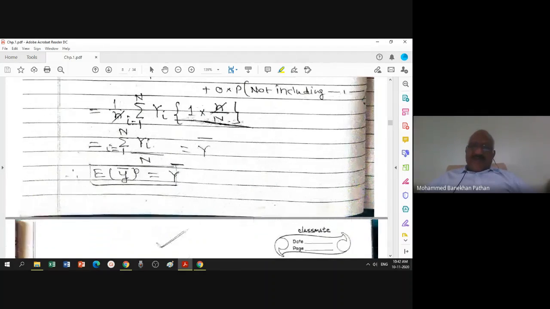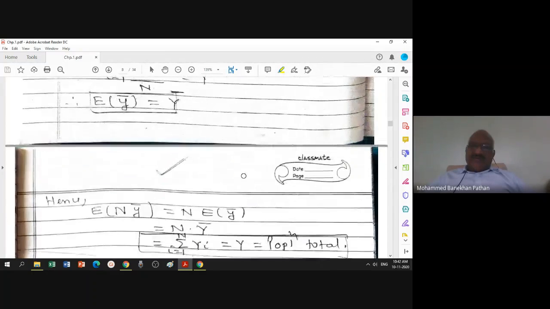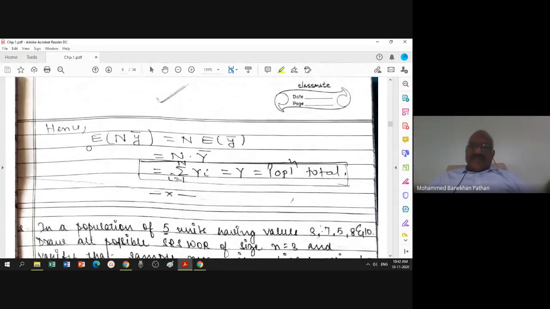Now, if I multiply capital N to the sample mean, that gives me the population total. Hence, the expected value of N times small y bar is equal to N times the expected value of small y bar. It is proved to be capital Y bar. N times capital Y bar is the sum of yi. By the notation, it is capital Y, and that is the population total.